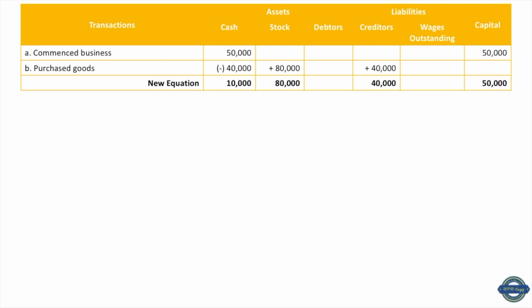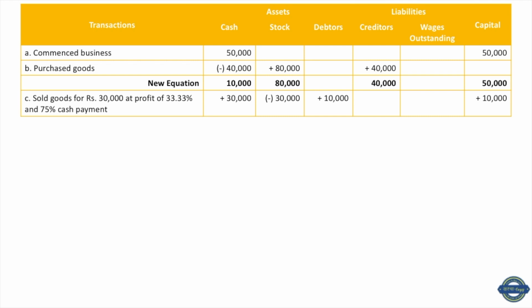After every transaction, we have to write the accounting equation to check whether it stays true or not. Third, sold goods for rupees 30,000 at a profit of 33% and 75% cash payment.